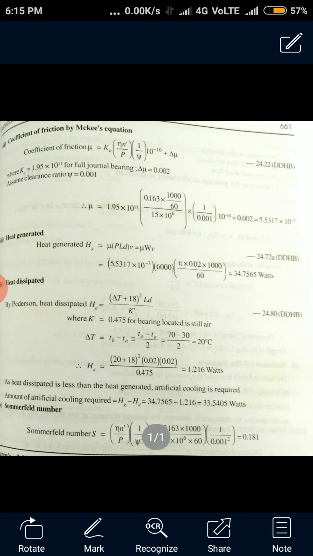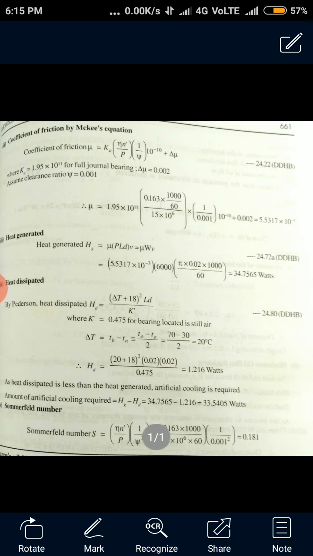Coming to the third parameter, heat generated, using the same equation 24.72a. Since specific heat Cp is not mentioned, you can go for 24.72a, so mu P L D V or mu W into V. Substitute the values, we will get 34.75 watt.